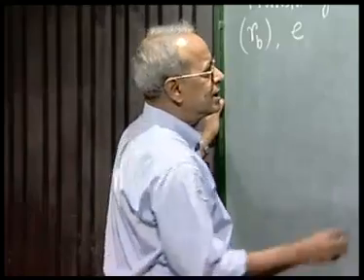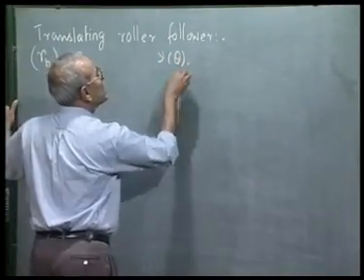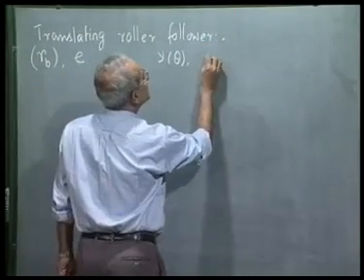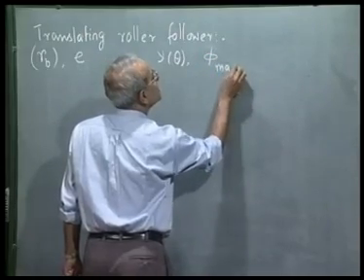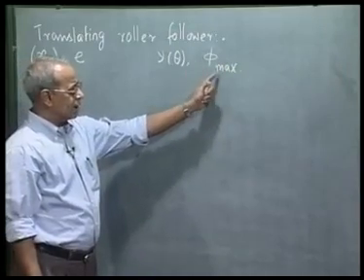What are given to us is the desired motion of the follower y theta and the maximum value of the pressure angle which can be allowed, the maximum possible value of phi, that is the pressure angle which is allowed.